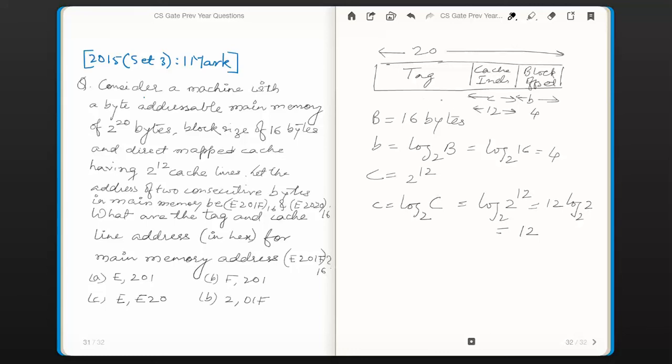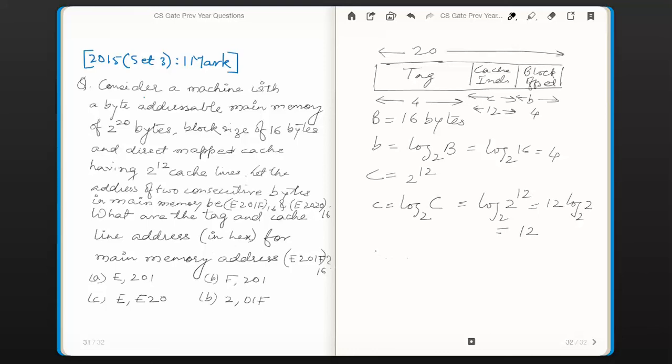Now the remaining part is the tag field. So 16 bits are taken away for block offset and cache index, and the remaining 4 bits, so 20 minus 16 is 4, are for the tag. Now after getting the width of each part of the CPU address, we need to find out the values of the tag field and cache line address or cache index of this address.